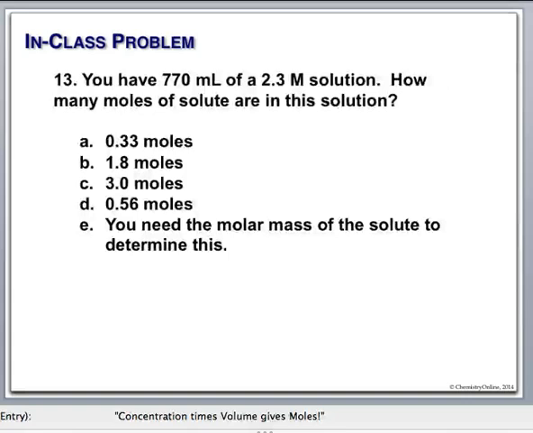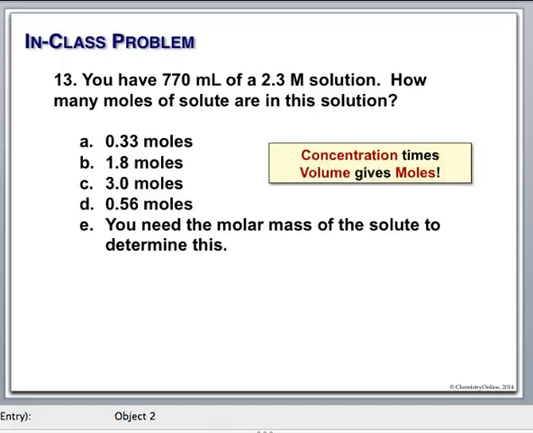Not to seem like I'm asking the same question over again. But we have a volume here, we have a concentration. How many moles are there? Just have to convert the milliliters to liters. And then remember, concentration times our volume in liters is moles.